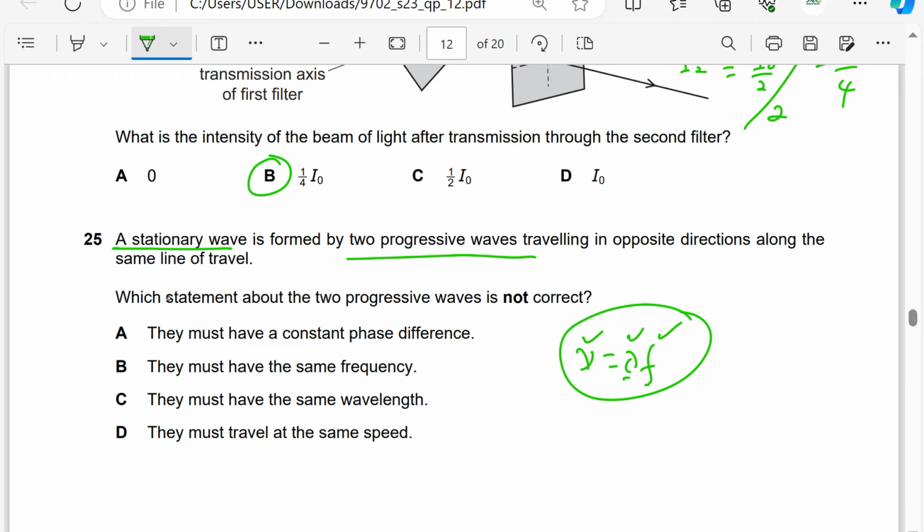So the answer, which is not correct, is going to be A. Saying that they must have a constant phase difference is not really necessary, as long as they have the same amplitude, frequency, wavelength, speed, and type, traveling in opposite directions. They may not be coherent, but still form a stationary wave.